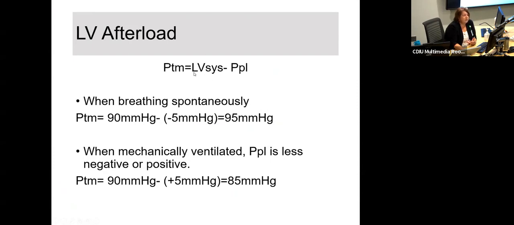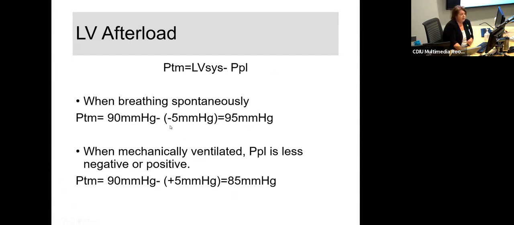So your left ventricle is subject to the pressures that it sees when you're breathing. When you're spontaneously breathing, say I take a breath in and I generate -5 millimeters of mercury. We're going to just switch up the units for now.